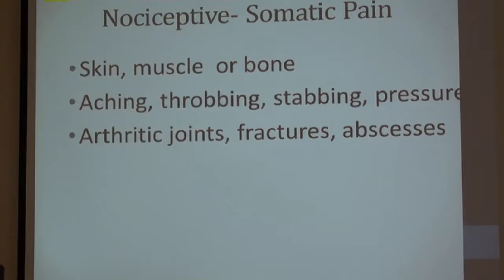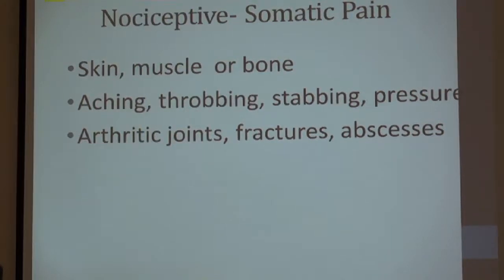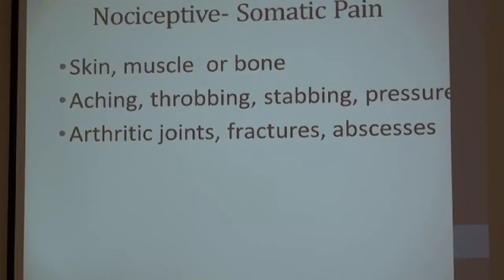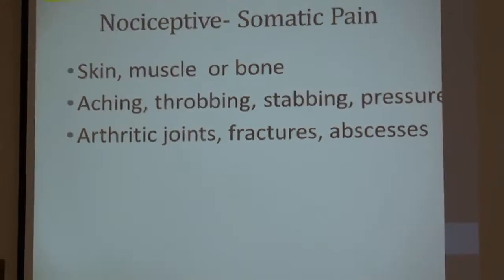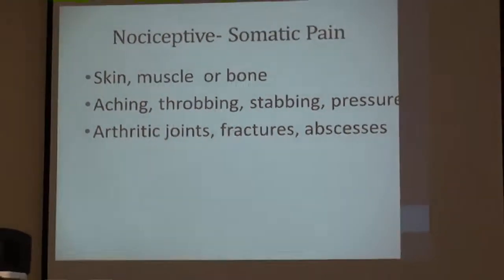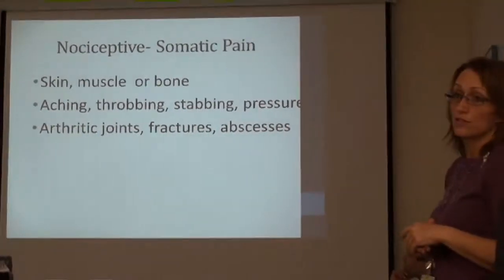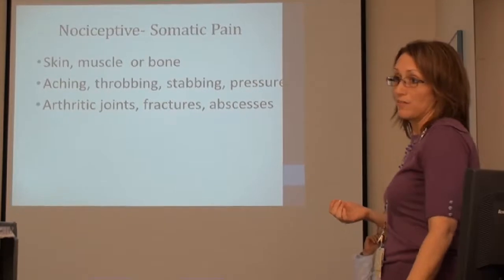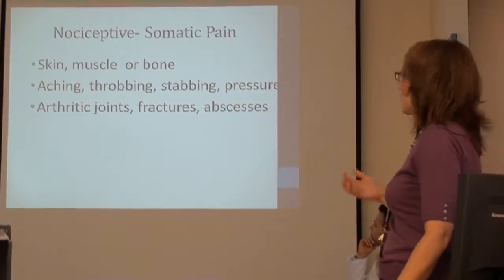So nociceptive somatic pain: skin, muscle, or bone, aching, throbbing, stabbing, pressure. Those are all ways that patients describe these. You can find it in arthritic joints, fractures. If someone has an abscess, we'll talk about the pain that they're having in a somatic way, and it's aching, throbbing, stabbing, pressure.